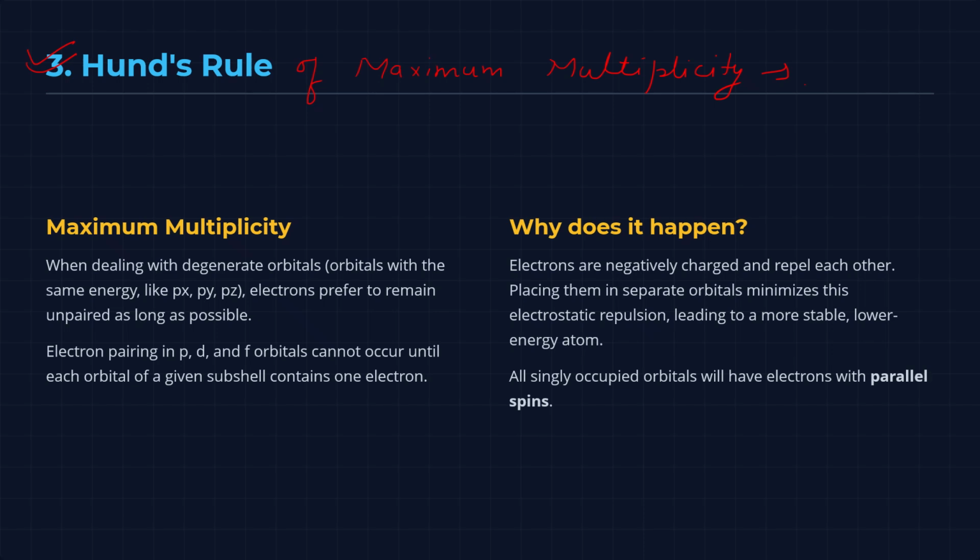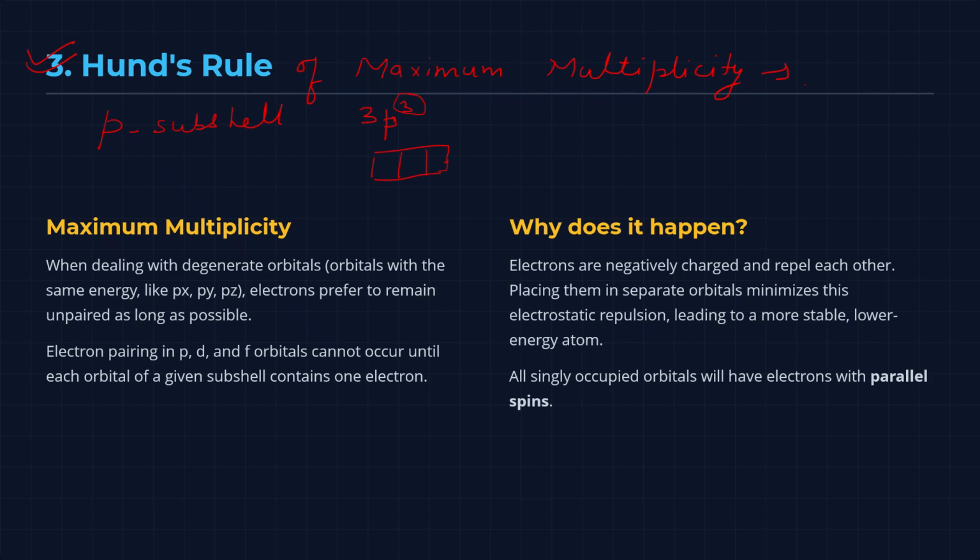This rule shows that in case of subshells, for example, we have a p subshell, and suppose we have a 3p3 configuration. We are writing 3p3. 3p3 means the p subshell has 3 electrons. Now you know that a p subshell has 3 orbitals, and we write these 3 orbitals in this way. If the subshell is the same, its 3 orbitals will have the same energy.